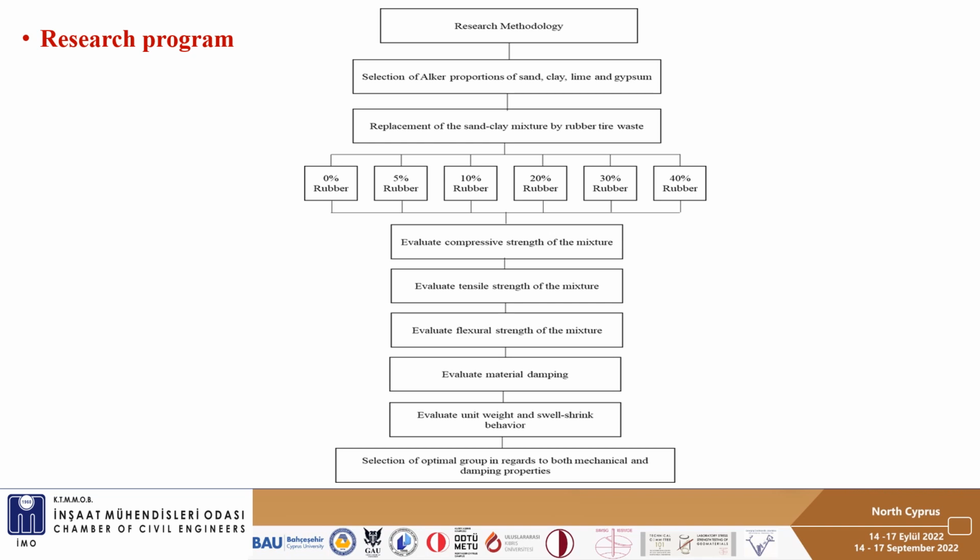Then we will calculate the water content, and we will replace the sand clay mixture with rubber waste from 0%, which is the mixture without rubber, up to 40 or more, to evaluate the compressive strength, tensile strength, flexural strength, material damping, and evaluate the unit weight and shrinkage. Then we will select the optimum.